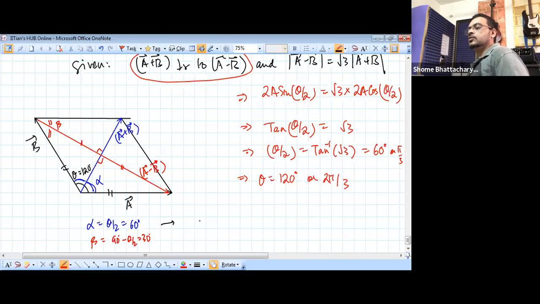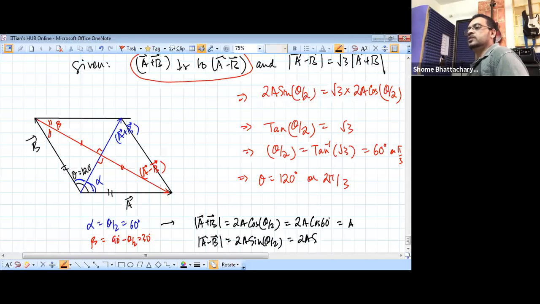Now you can just cross check what is happening over here. You can cross check that your A plus B will be 2A cos theta by 2. So that is 2A cos 60, which will be A, because cos 60 is half. Whereas A minus B will be 2A sin theta by 2.